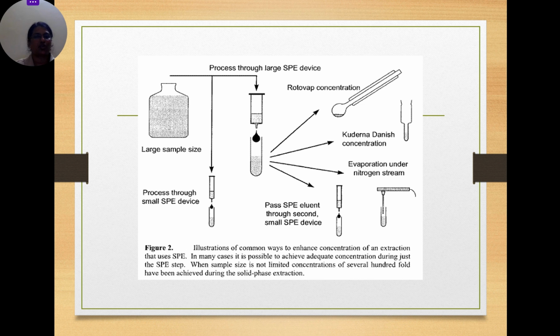Further, we can also achieve adequate concentration in the SPE step itself, so there is no need to minimize the sample size. In solid phase extraction, you can have higher pools of sample size and easily extract the sample matrices, be it smaller or larger. That is one benefit of this, and we can acquire the fullest concentration of the analyte.